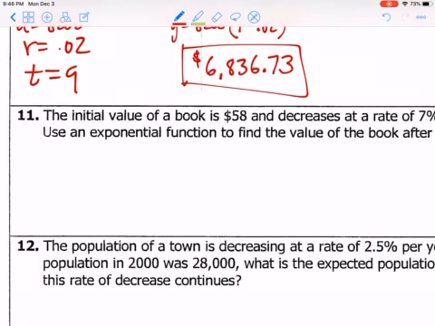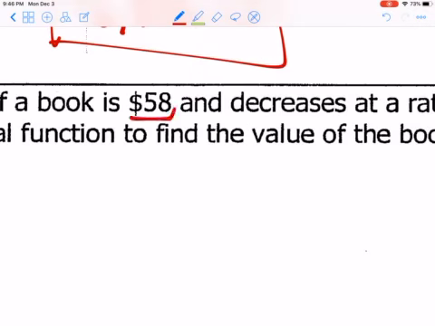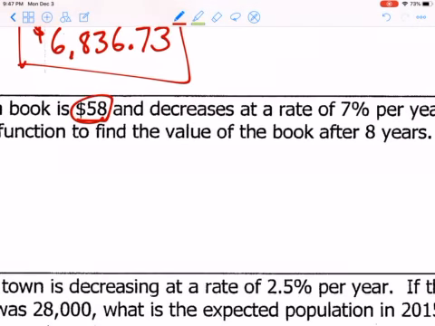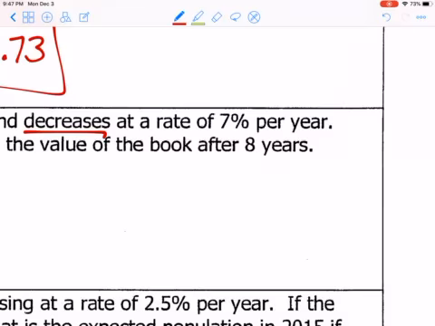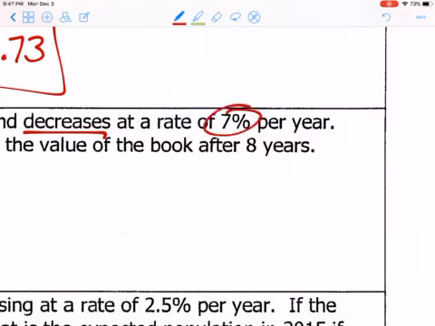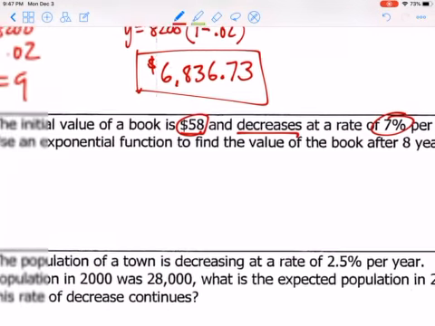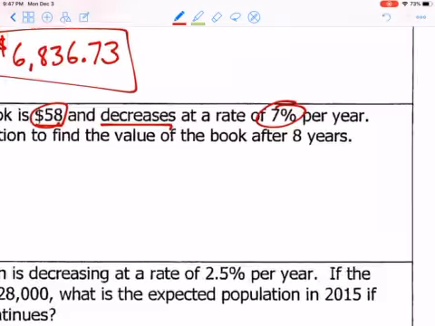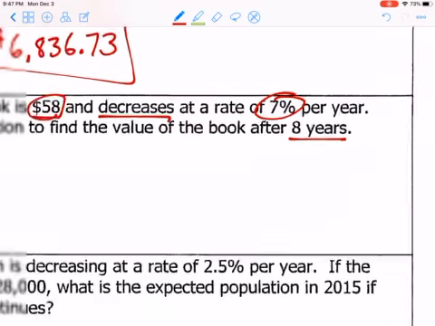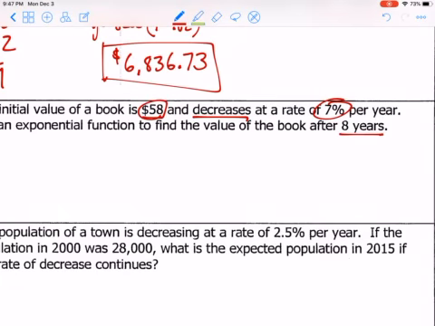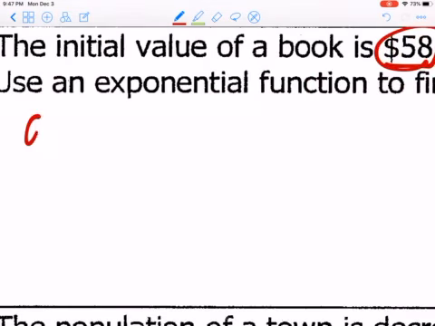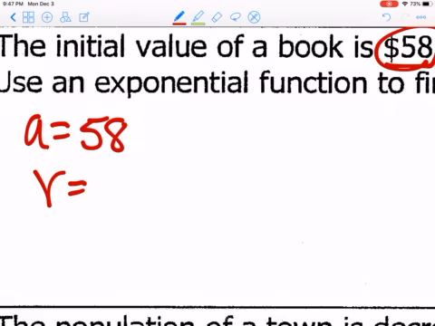Number 11, the initial value of a book is $58. Books also decrease, and this is decreasing. You know, when you buy a book in college, you're going to find out that you pay $50 for it, but then when you want to pass it on to somebody else, they're going to only pay you $20. So this book costs $58. It's decreasing at a rate of 7% for 8 years. So A, $58. Our rate is 0.07.